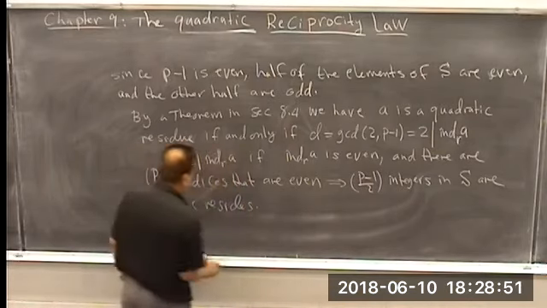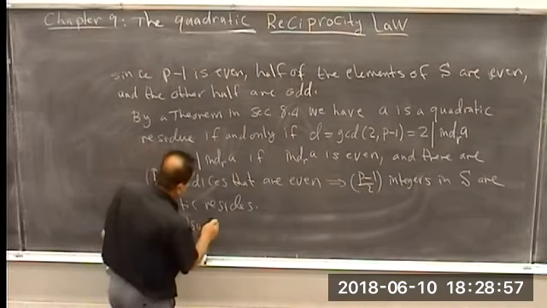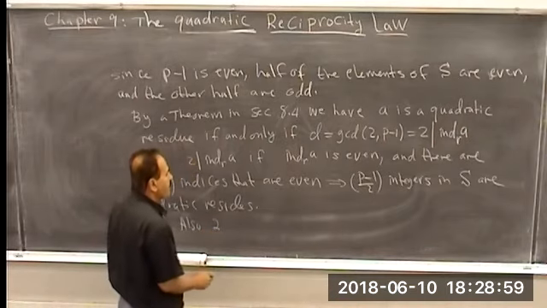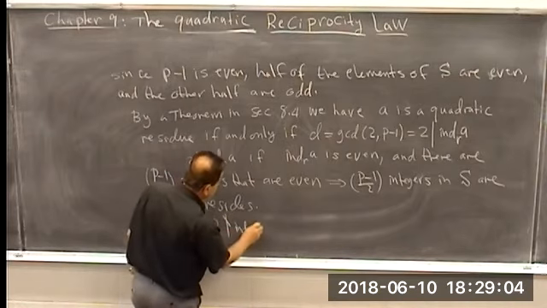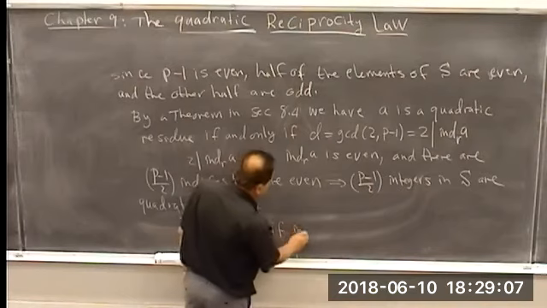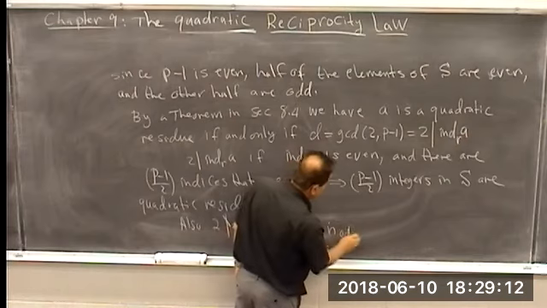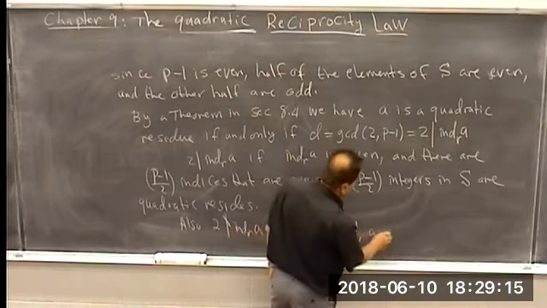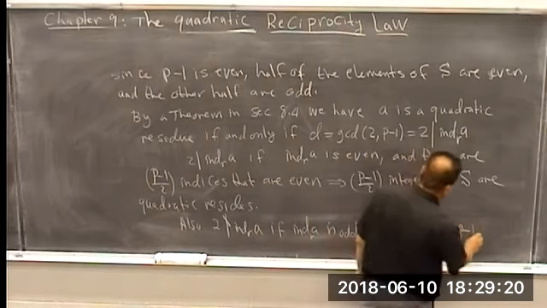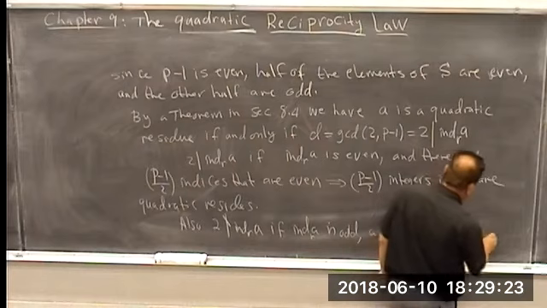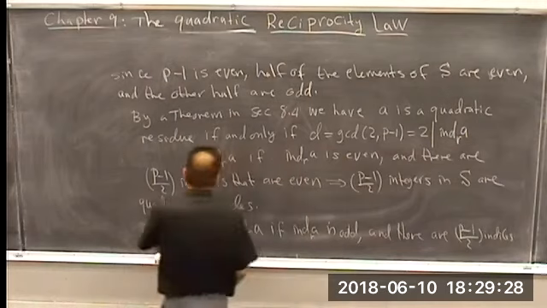Also, 2 does not divide the index of a if the index of a is odd. And again, there are (p minus 1) over 2 indices that are odd.